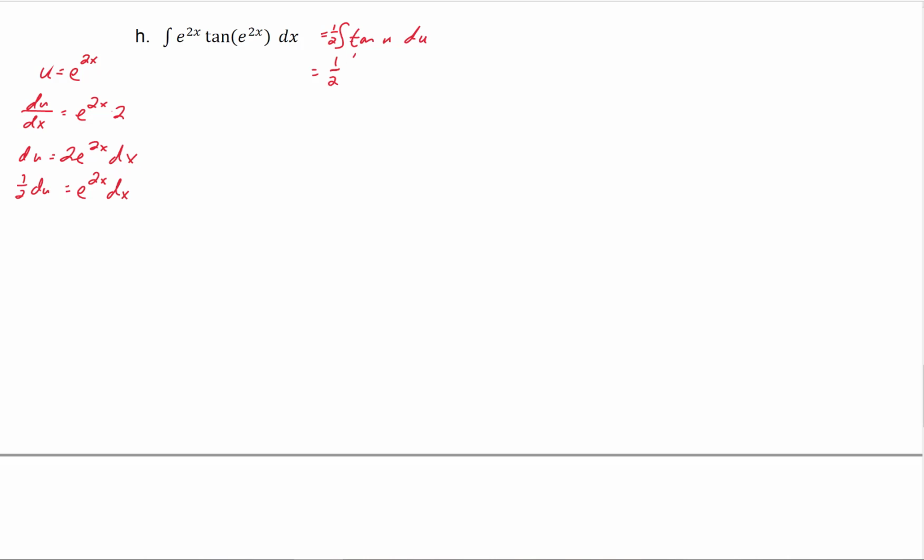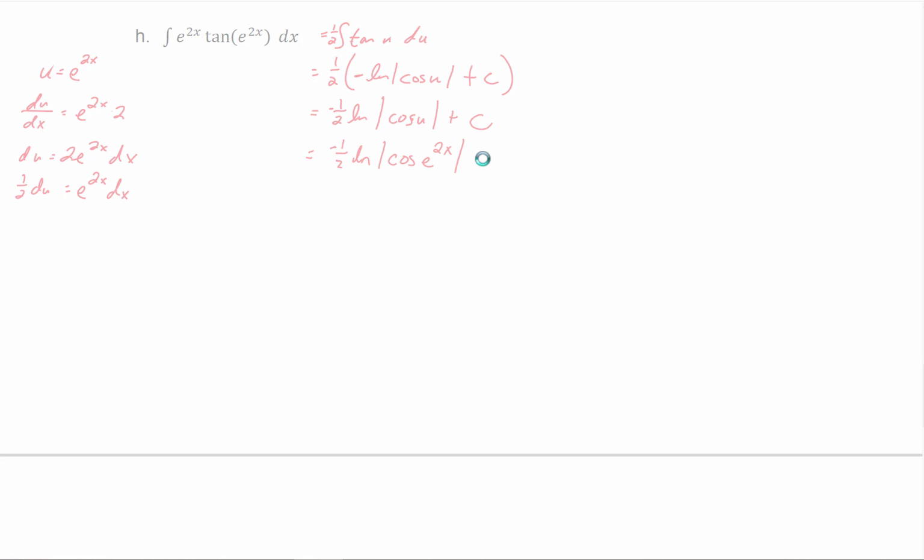So we have 1/2 times the antiderivative of tangent u, which is negative natural log absolute value of cosine u plus c. So we end up with negative 1/2 natural log absolute value cosine u, bringing that 1/2 in, multiplying by the negative 1, plus c. So negative 1/2, doing our back substitution now, we have negative 1/2 natural log absolute value cosine of e to the 2x plus c.